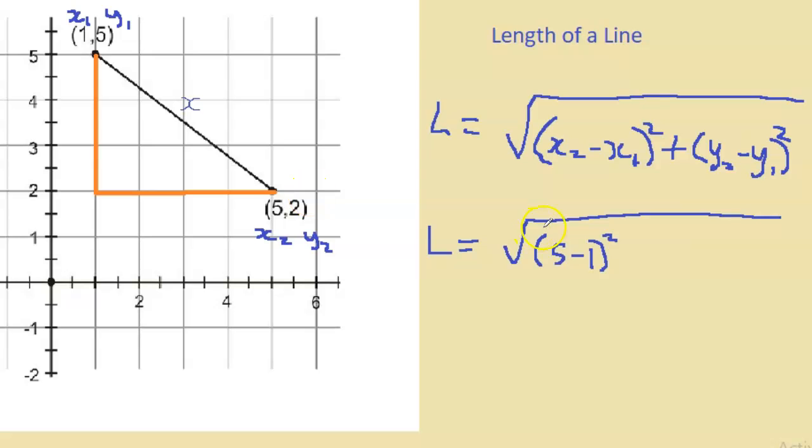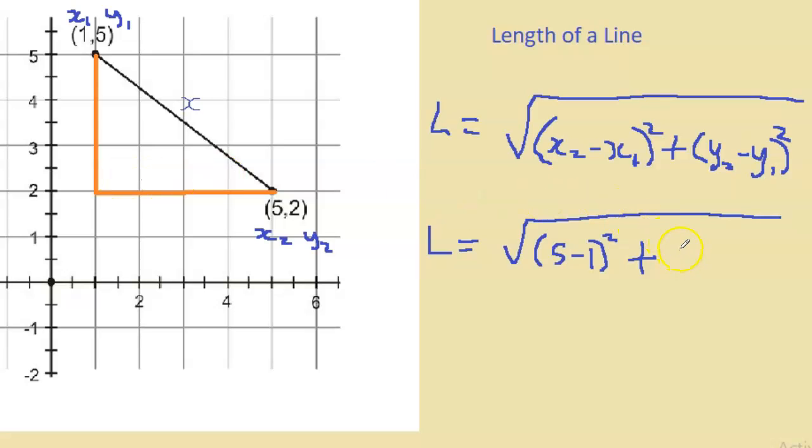And 5 minus 1 actually gives you the length of the base of the triangle here, which is 4. So it's actually 4 squared we have in here. So this formula is taken directly from Pythagoras theorem.